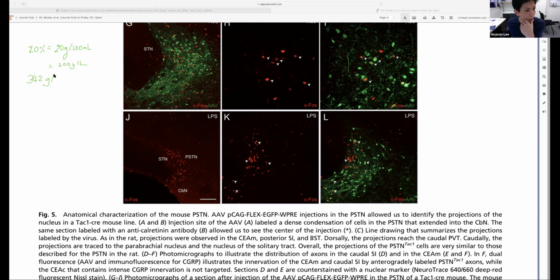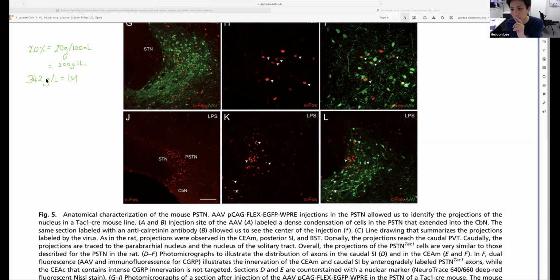So 342 grams in a liter would be what? 1 mole, right? 1 molar. So then you just have to convert, see what this would make. So that's pretty high. It's like 600 millimolar or something. Is that right?